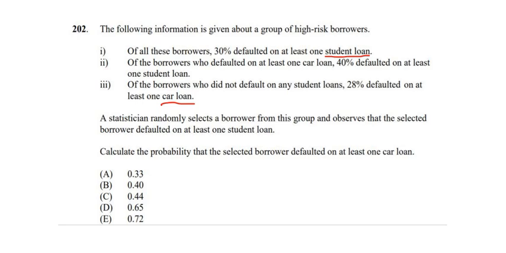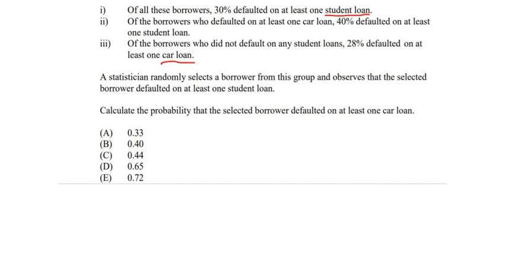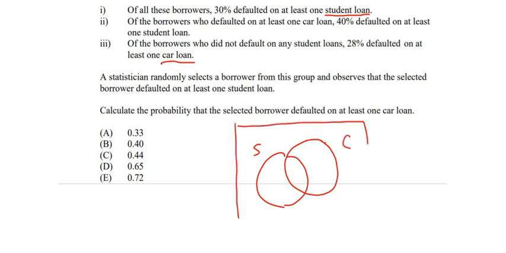Let's say this is for the student loan, and this is for the car loan. We say that student loan accounts for 30%.